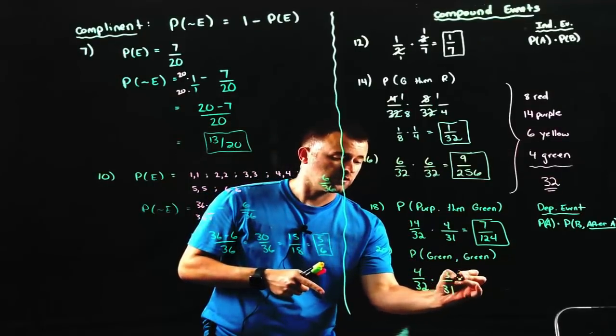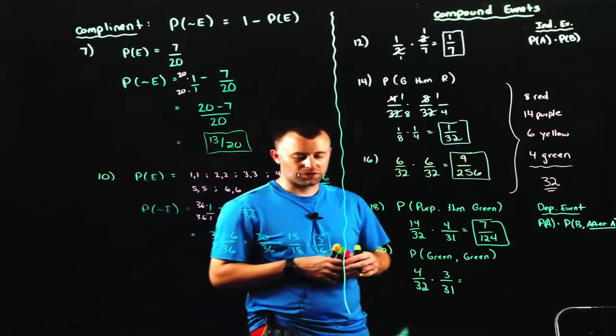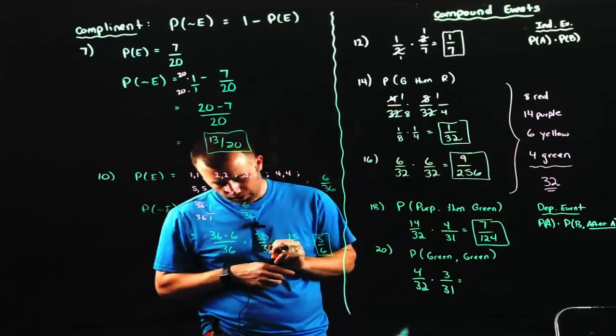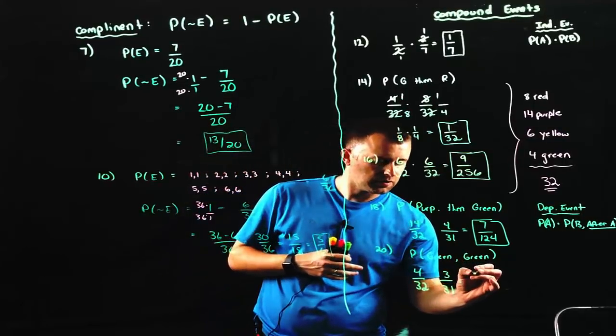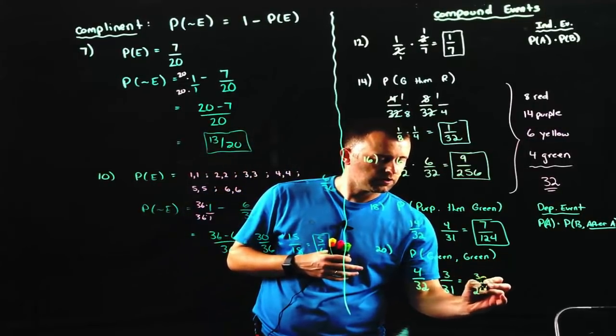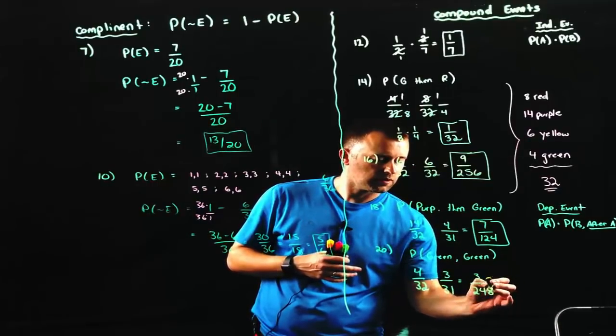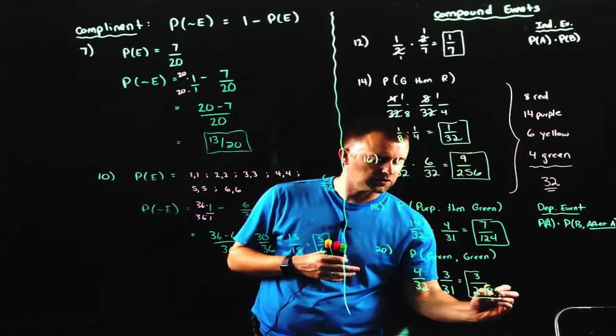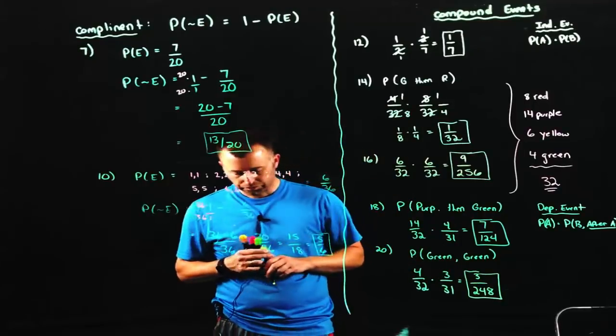So that's going to be 3 out of 31. See how those are dependent on each other. So we multiply those together and simplify. It's 3 out of 248. Once you simplify the fraction and do all the stuff that you need to do.